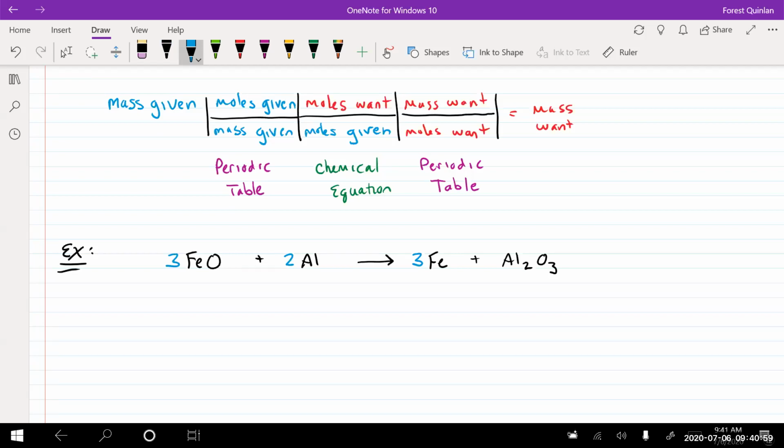If you stick some aluminum there, because of your activity series, and you give them enough heat, you give them a way to do a little exchange, they'll do it. The aluminum will oxidize and it'll give you back your iron. Kind of cool.